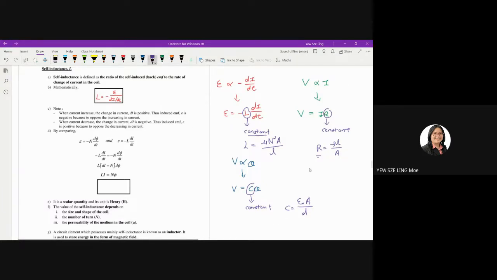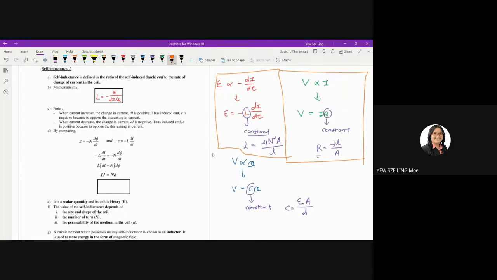So these three electrical components, their idea is very similar, and the function of a solenoid is actually the same as the function of the capacitor, which is to store energy. Now let us go back to the equation. Here I just show you the similarity between these three equations. The idea is exactly the same.